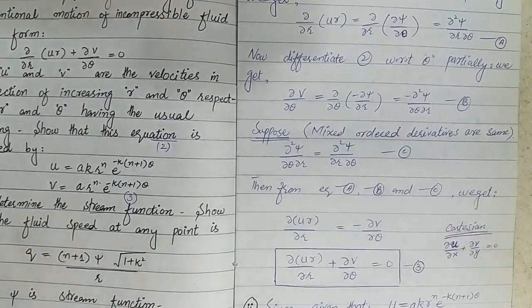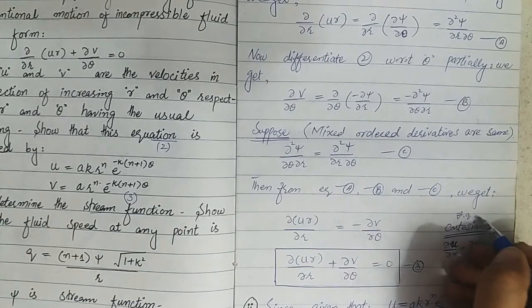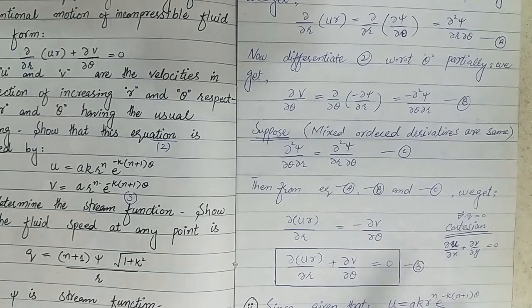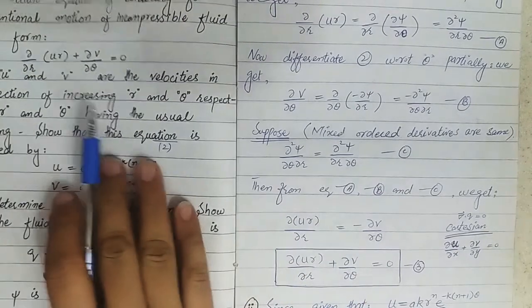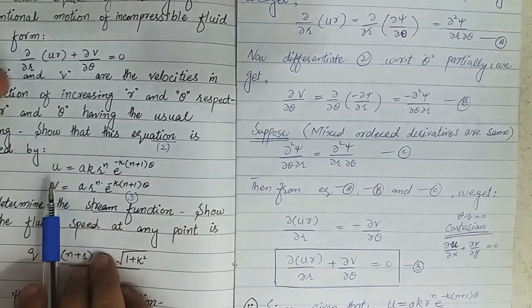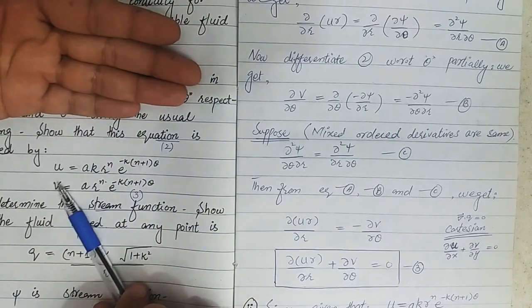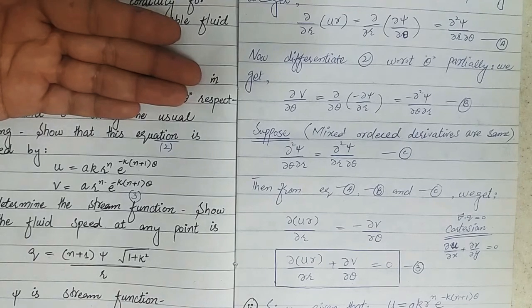We have saved in our memory the equation of continuity for the Cartesian system, that is del dot q is equal to 0, that is divergence of q is equal to 0, that is partial u by partial x plus partial v by partial y is equal to 0. This is the equation of continuity in the Cartesian coordinate system that you have to learn. In further questions only the velocity components u and v will be given, and you have to show that they satisfy the equation of continuity, and find stream functions for these components.